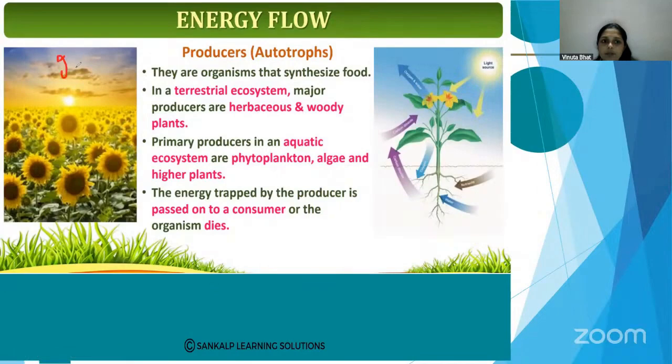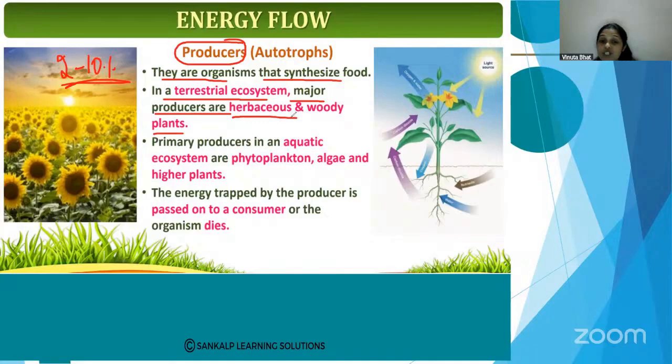Only 2 to 10% of the solar radiation is used by the producers, the organisms that synthesize food. So plants are called producers; they synthesize the food. In a terrestrial ecosystem, the major producers are herbaceous and woody plants.